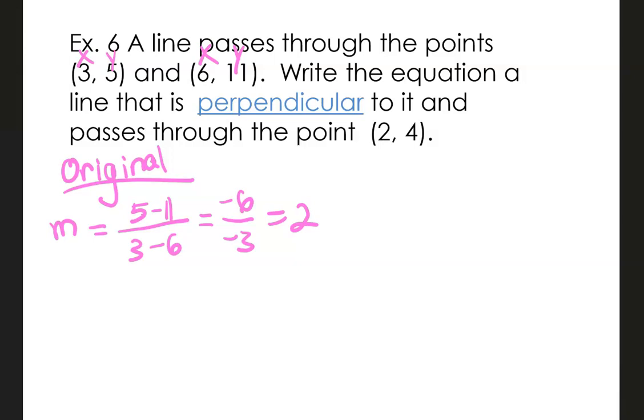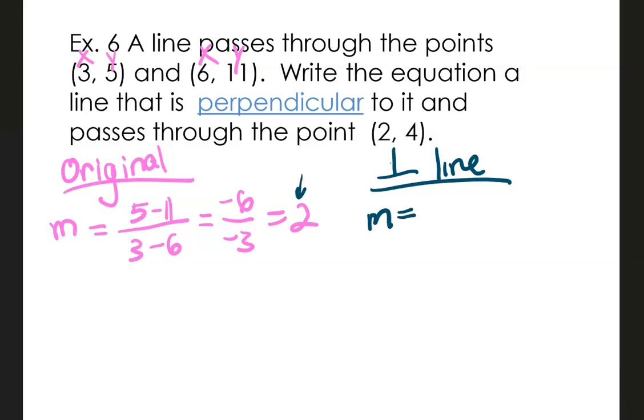Now what we have to do is go back and make an equation of a perpendicular line. So our perpendicular line, rewrite that, make it a little nicer. Remember the slope needs to be the opposite reciprocal of the original slope.